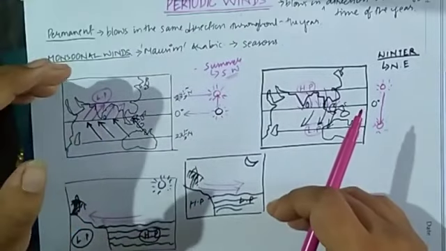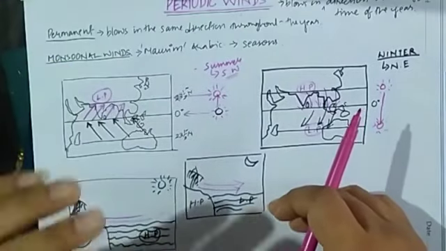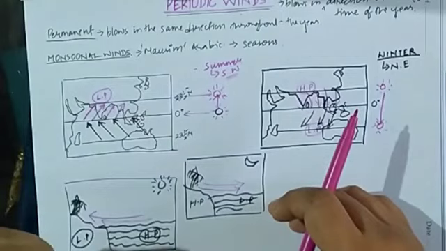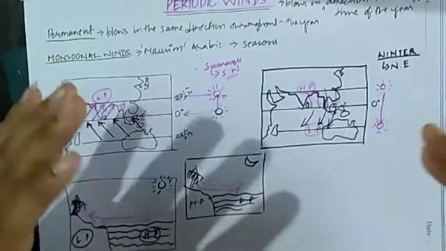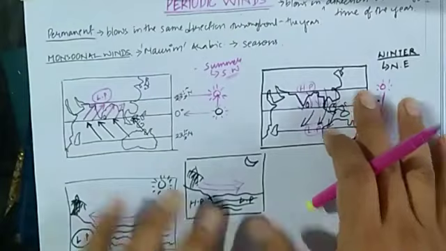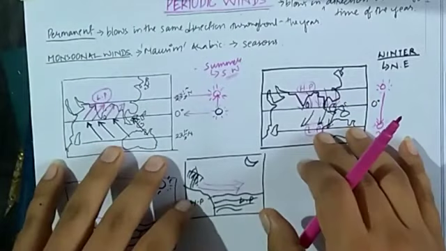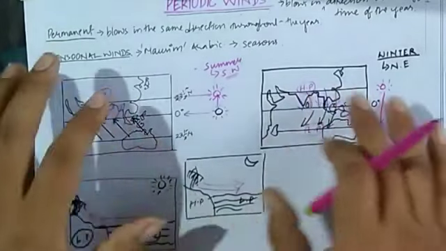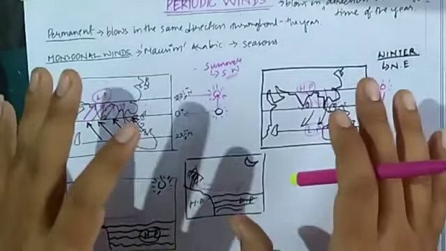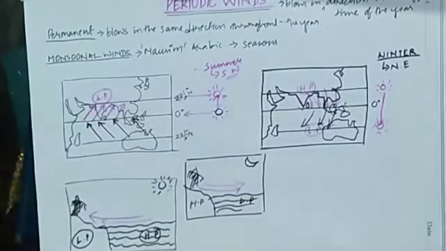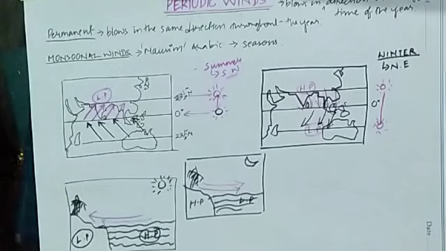Like trade winds and westerlies, which continuously blow in the same direction throughout the year, steady winds, that is the reason we call them so. But in the periodic winds, it blows in a certain area for a certain period of time. Understood? So it changes its direction.